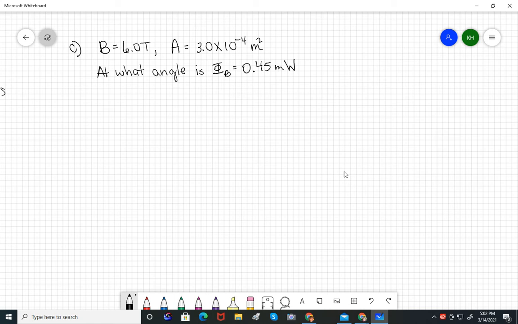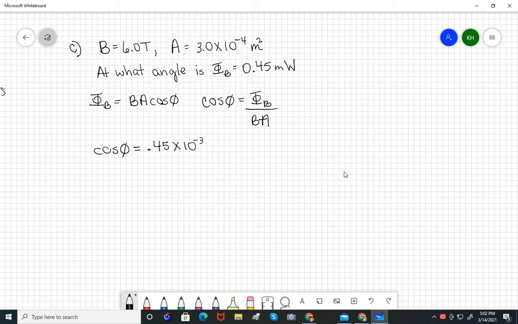So I know I solved this. I'm solving for cosine phi to begin with. So I get cosine phi equals the flux of 0.45 times 10 to the negative 3, and that's the number of Webers.